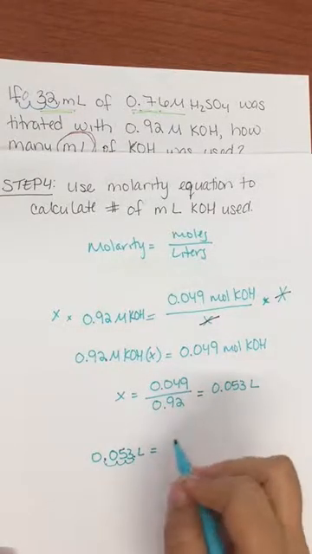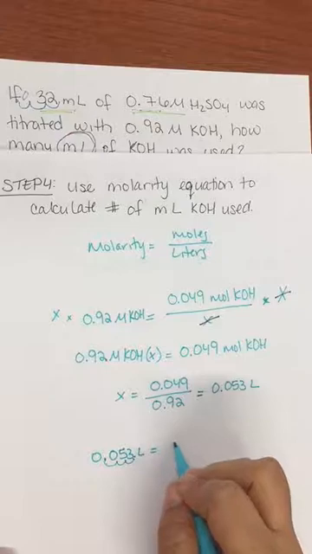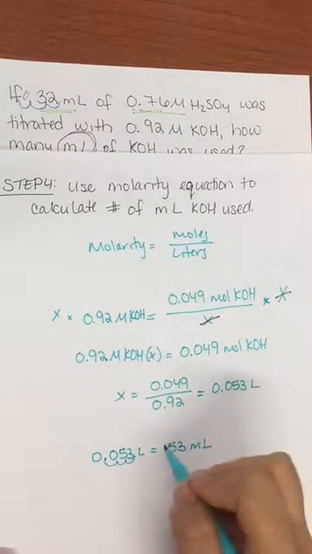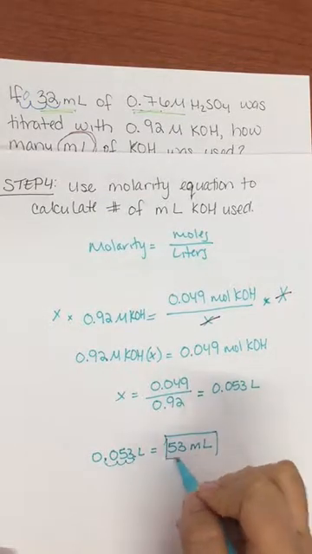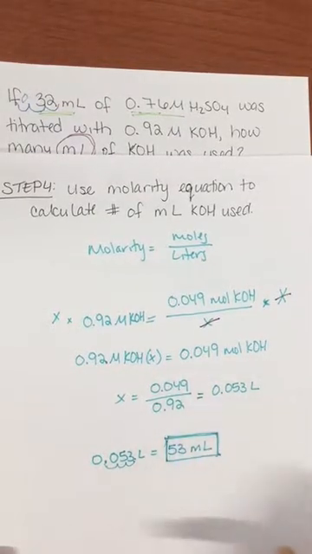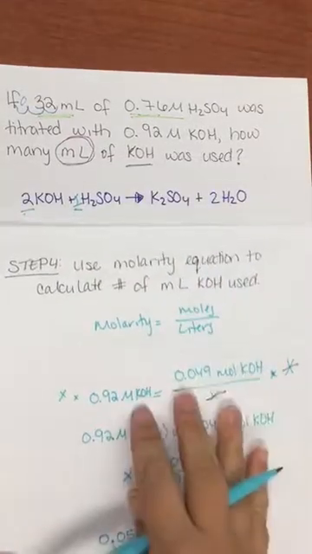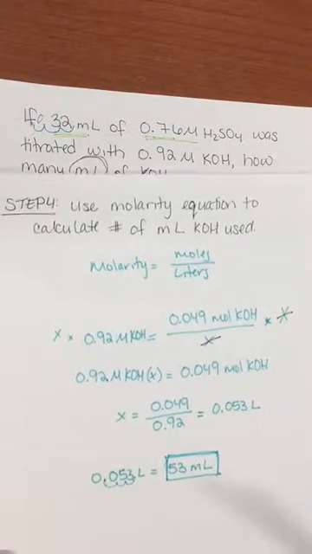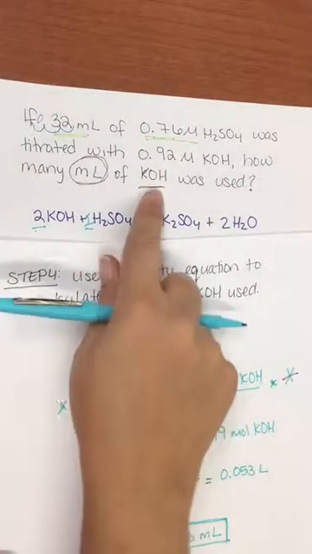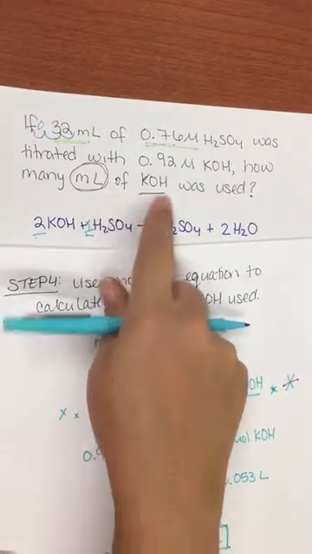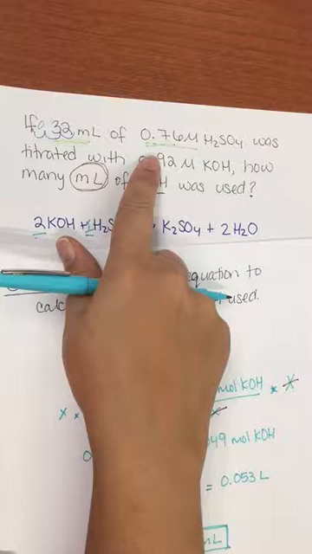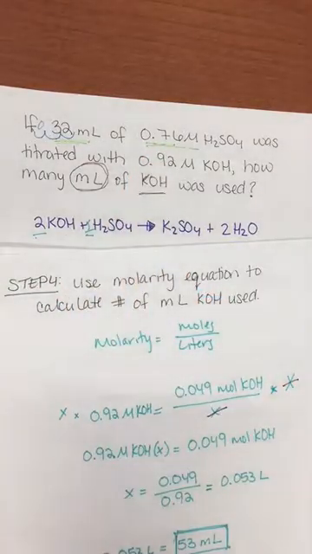So 0.053 liters equals 53 milliliters. This is my final answer. It takes 53 milliliters of 0.92 molar KOH to titrate 32 milliliters of 0.76 molar H2SO4.